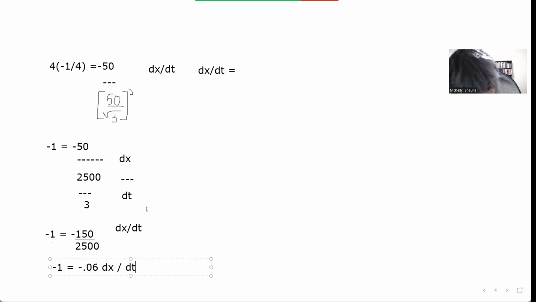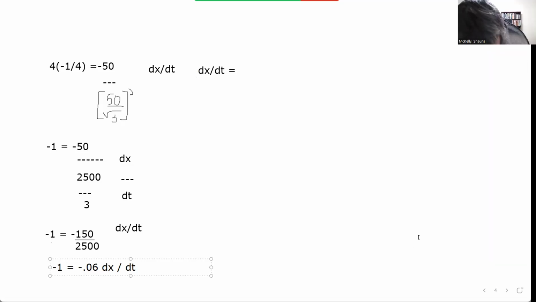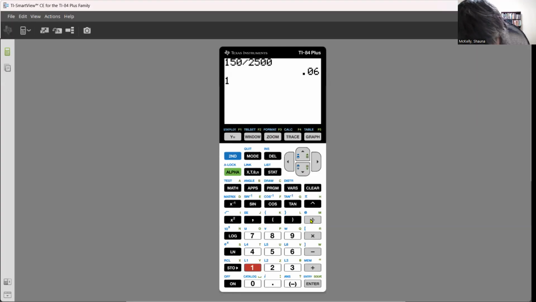So if I do that here, I have 1 divided by 0.06. That comes out to 16.67.